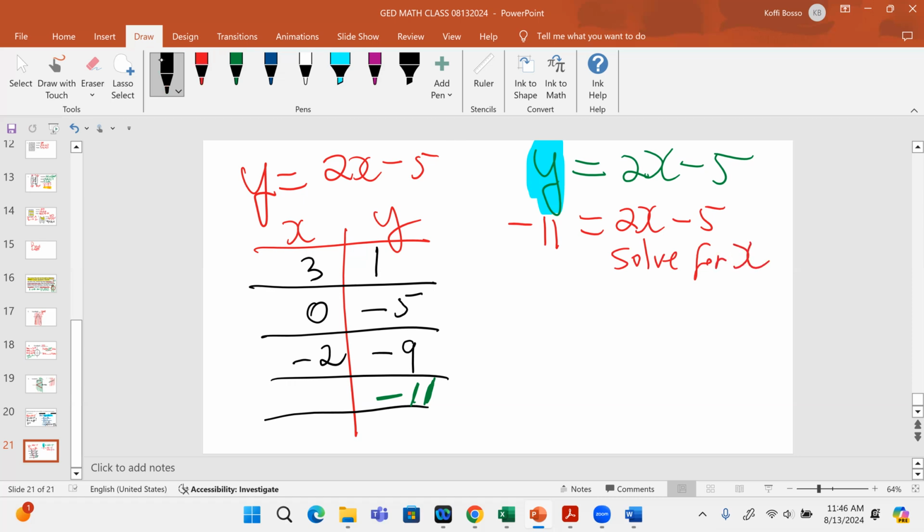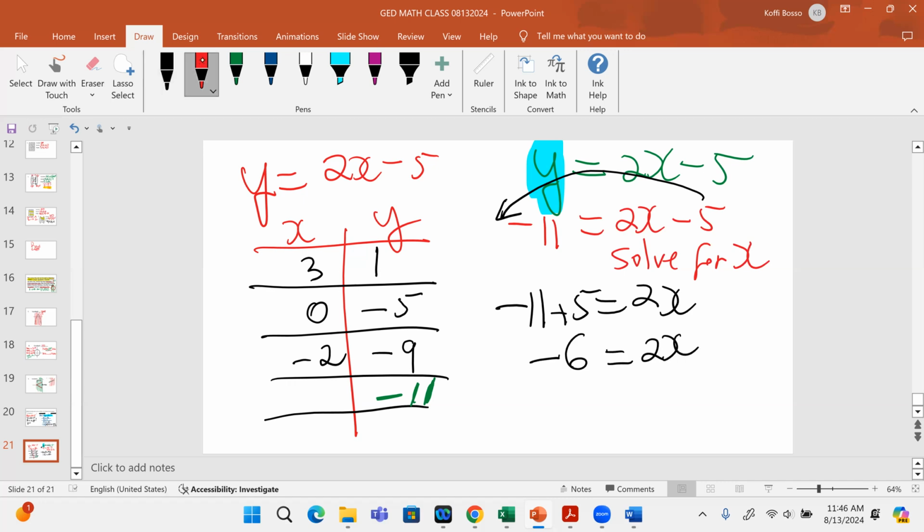So we have -11 plus 5 is equal to 2x. What is -11 plus 5? -6 is equal to 2x. Divided by 2, a negative number divided by 2 gives you a negative result. So -3 is x.